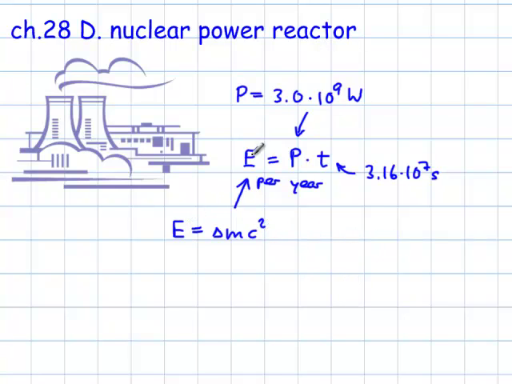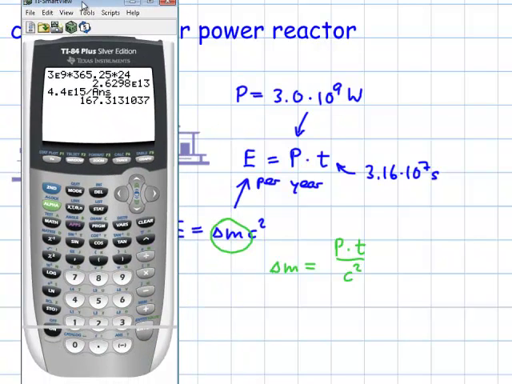So this is the same as the energy above, and since we're supposed to figure out delta M, I set this equal to that and divide by C squared. So delta M times C squared equals P times t, respectively delta M equals power times time divided by C squared. And then I can plug this in on the calculator.